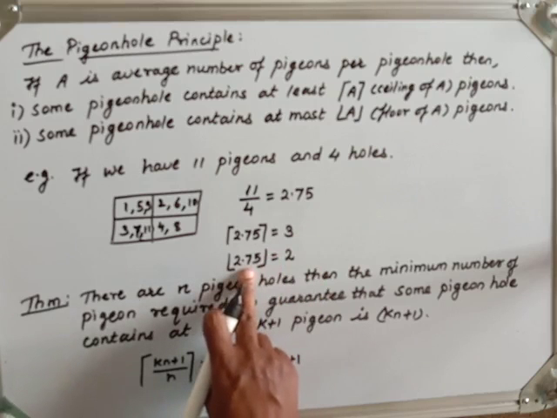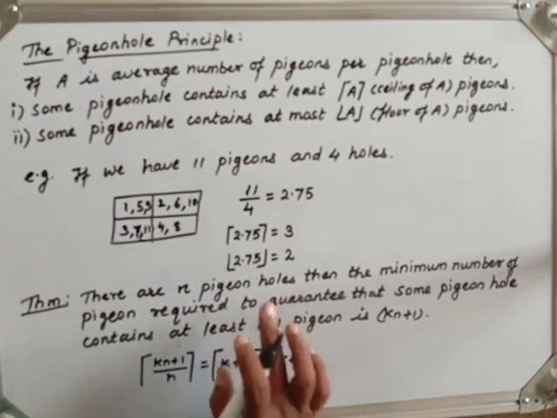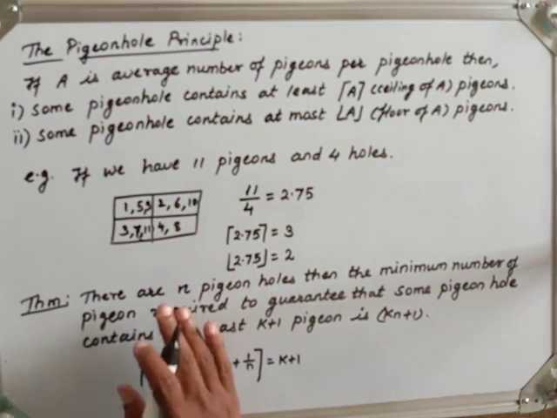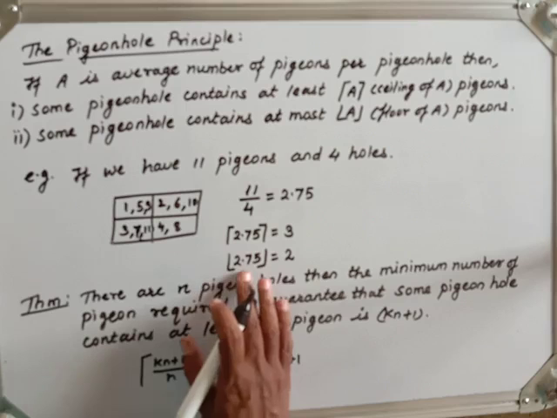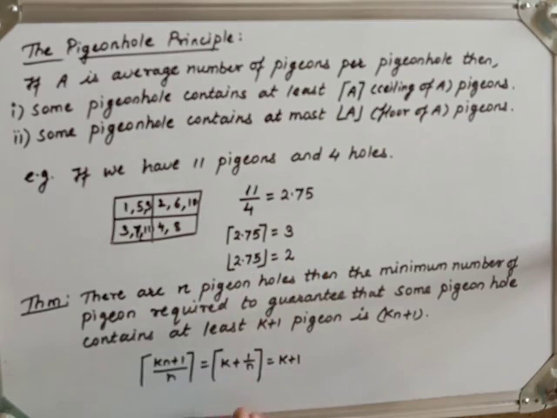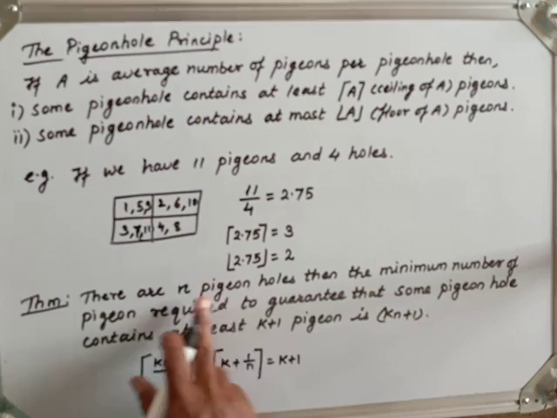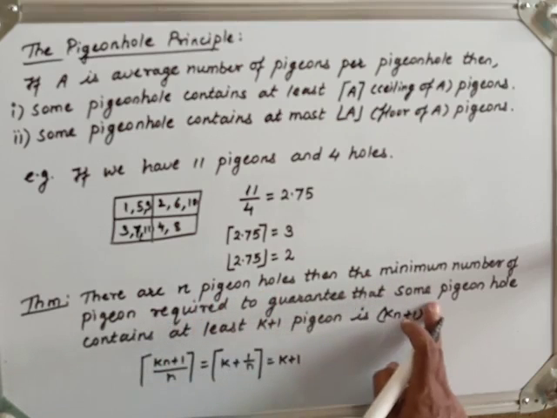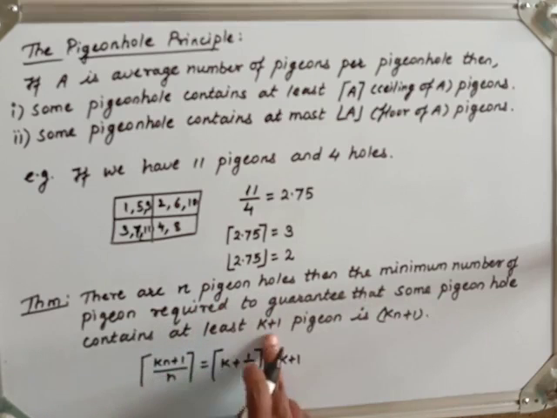And the floor means the integer just less than or equal to that one, so here it is 2. Similarly, the ceiling of k plus 1 upon n is k plus 1. So clearly, if n pigeonholes are there, the minimum pigeons required to guarantee that some pigeonhole contains at least k plus 1 pigeons is kn plus 1.